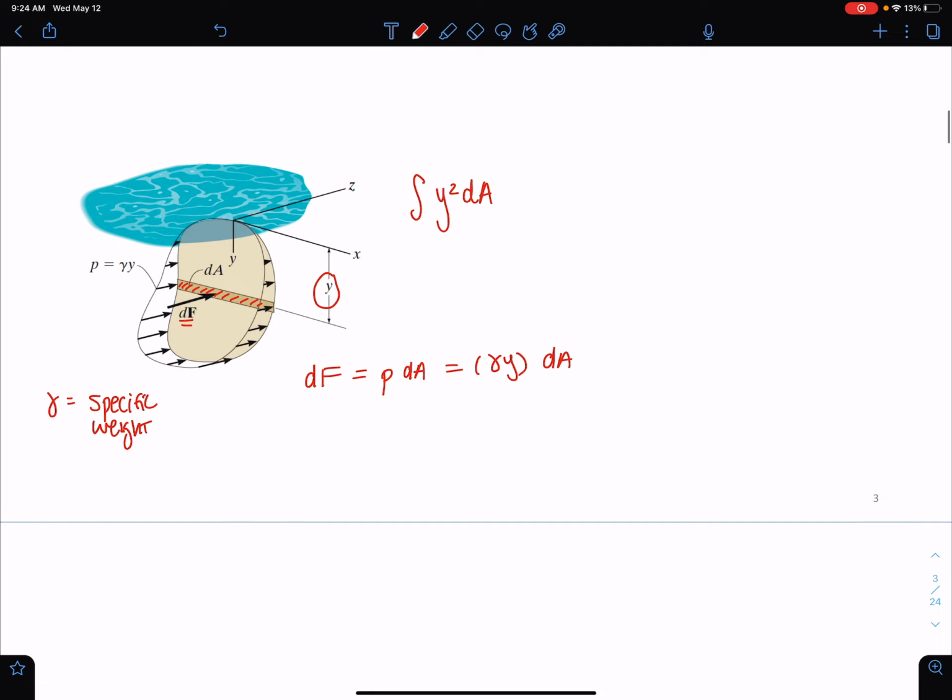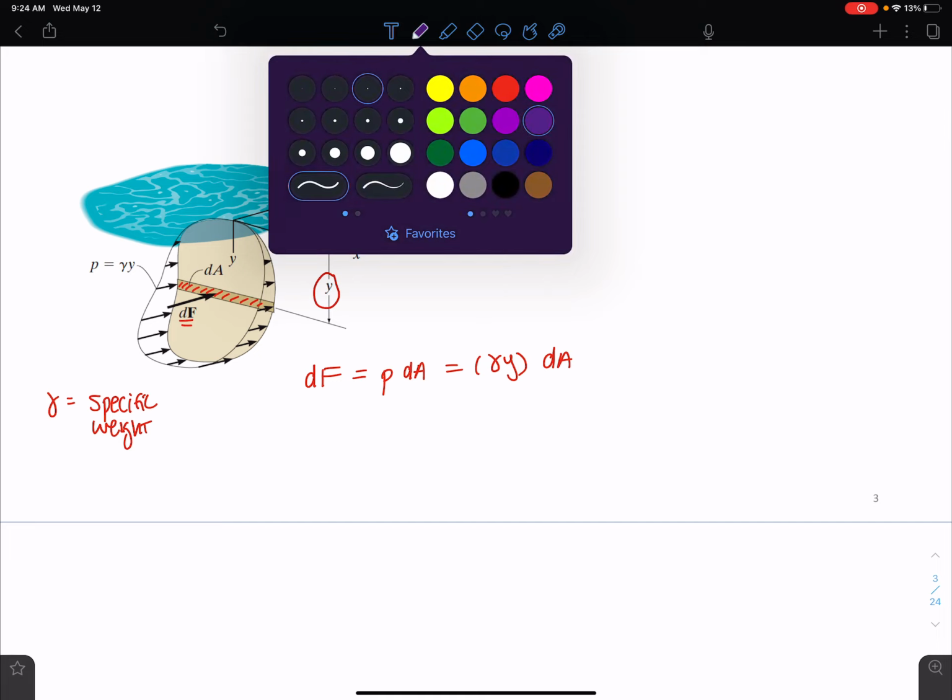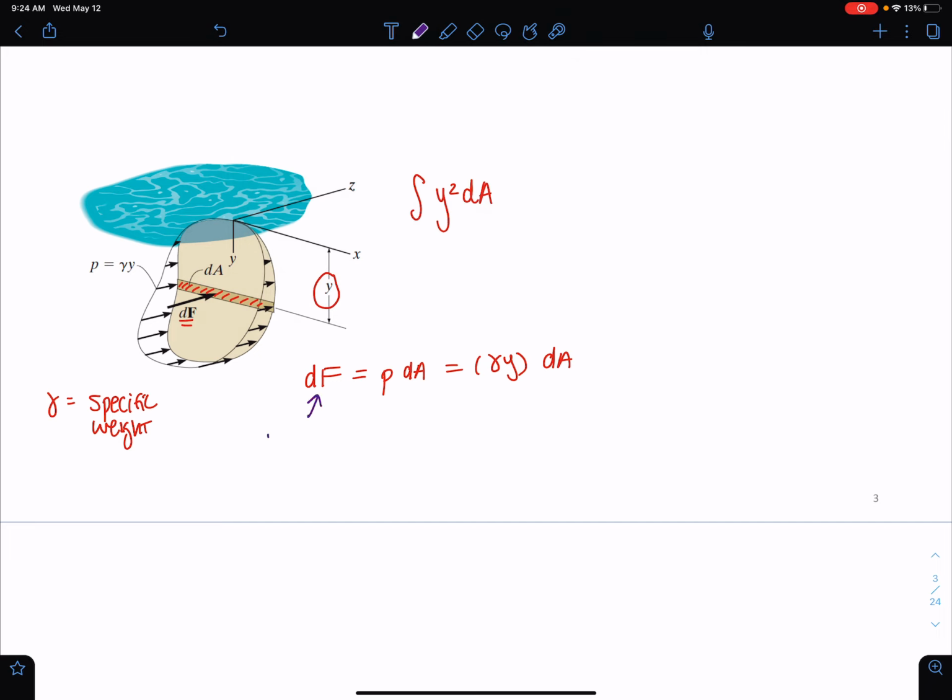But then if we want to take the moment of this force, dF, this is a force. So the moment of dF, we would say that dM is equal to y times dF, the moment arm. And if we plug that in, we would get gamma y squared dA. This is about the x-axis, that's why we're measuring that moment arm y.